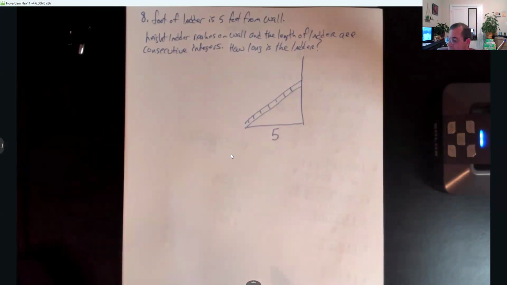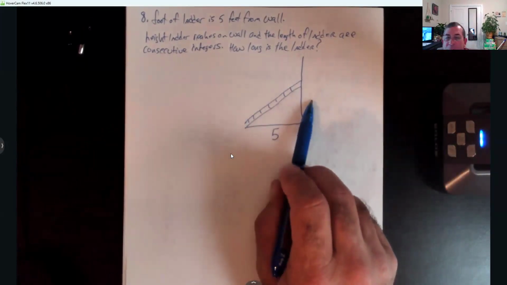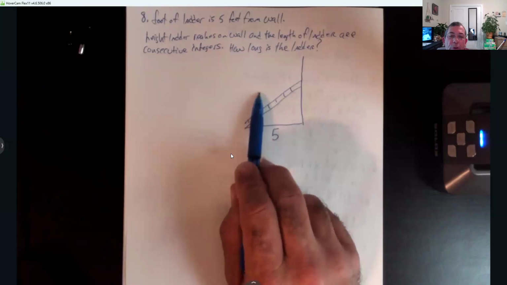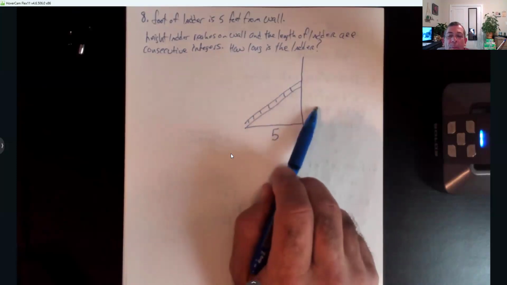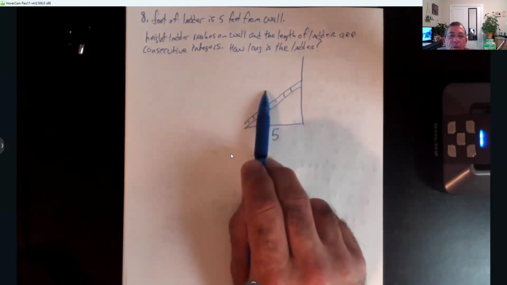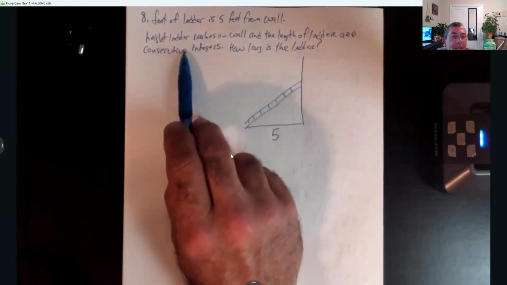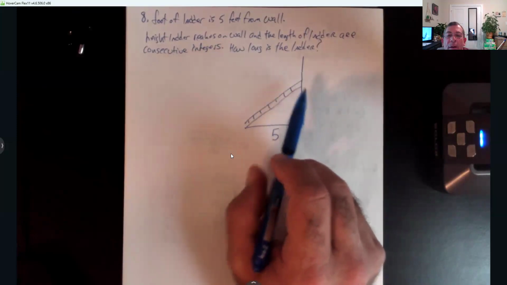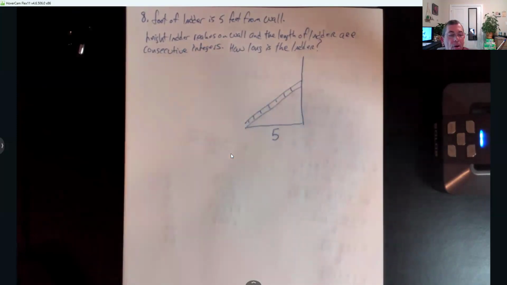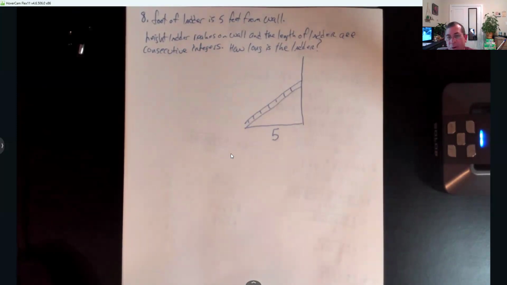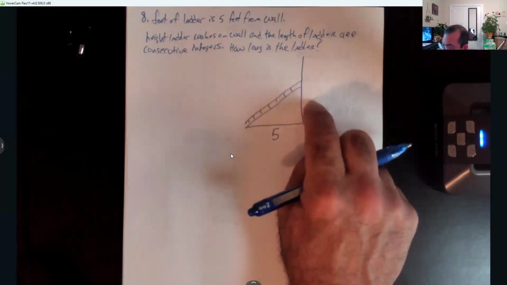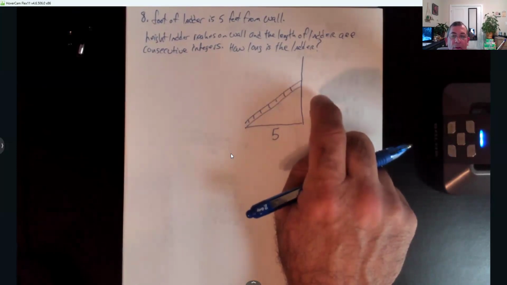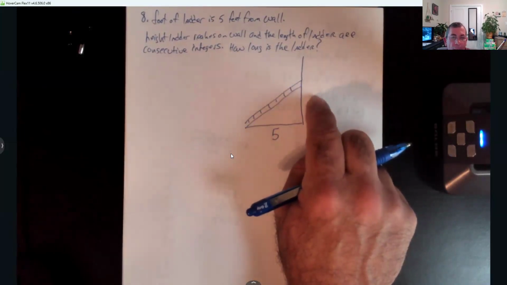So what I need to know is what to put for the height and what to put for the ladder. What am I going to use as my variables when it says the height the ladder reaches on the wall and the length of the ladder are consecutive integers? Do y'all remember what that meant? If they're consecutive integers, what would I call the height of the ladder on the wall?